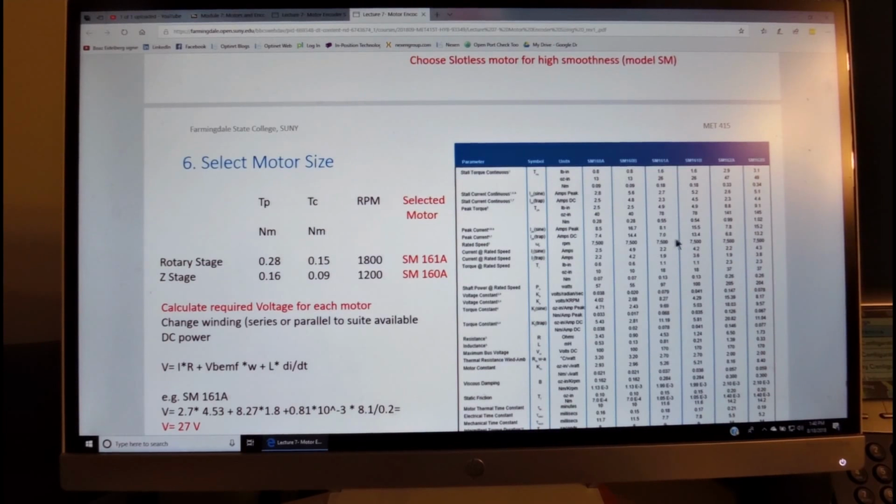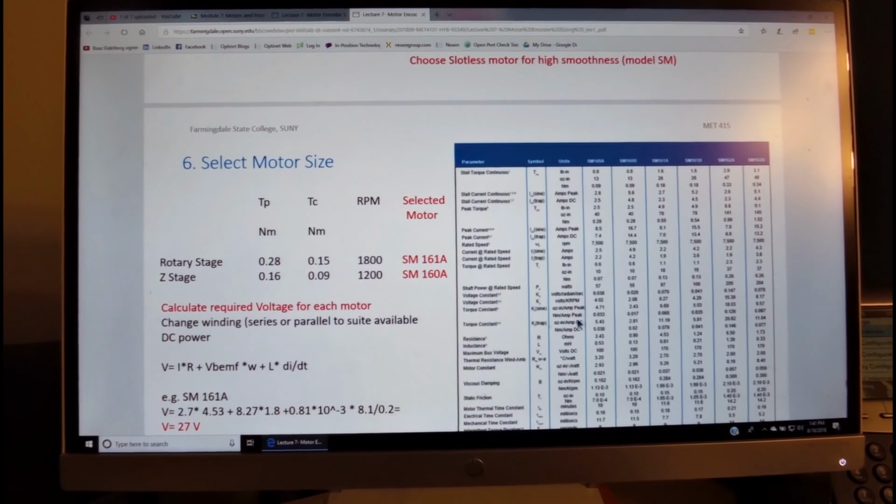All of these are being given to us. We primarily focus here on the peak torque, continuous torque, and the RPM. And depending on the different winding, we can switch the torque and the RPM as we saw earlier, and select the motor both for the rotary, it happens to be SM161A, and for the Z-stage SM160A.